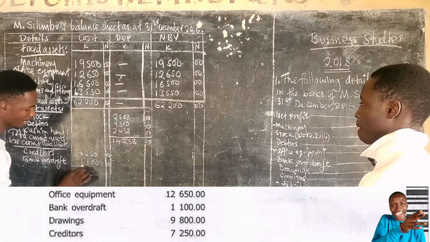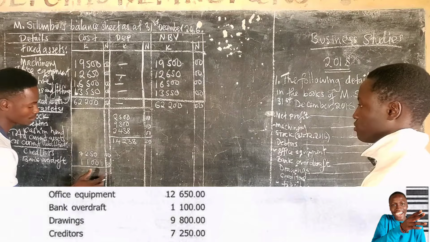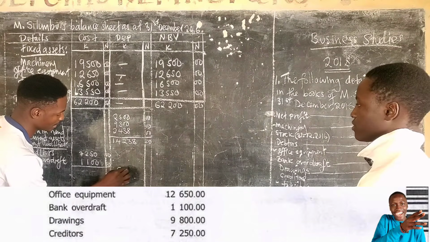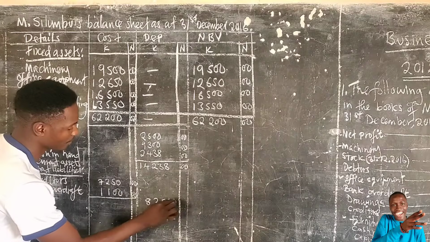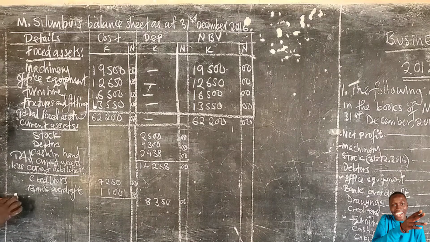So you can add the two, right? Yes. When you add the two, it will simply be 8,350. What is this figure called? Total current liabilities.